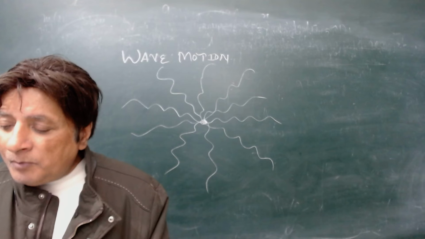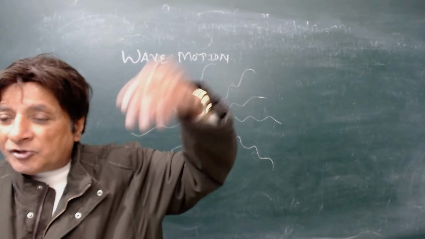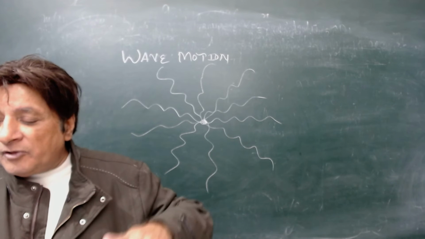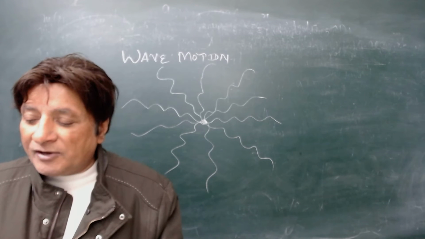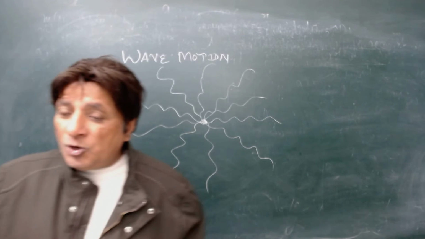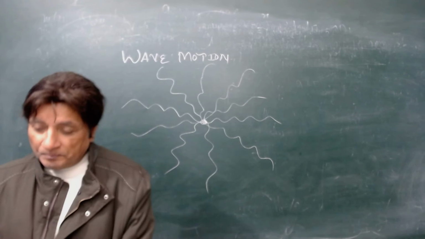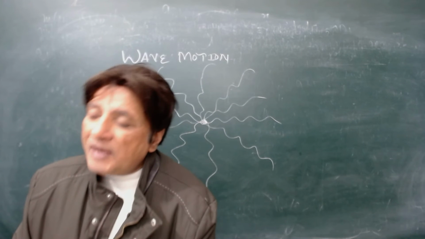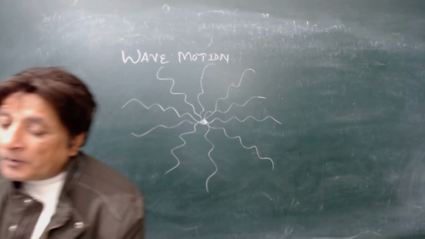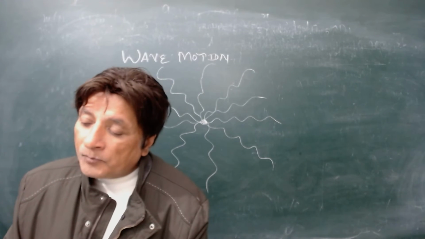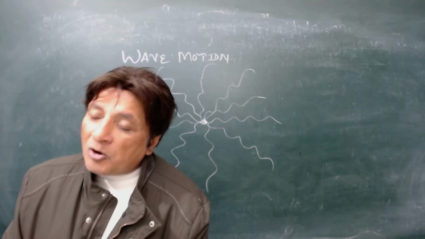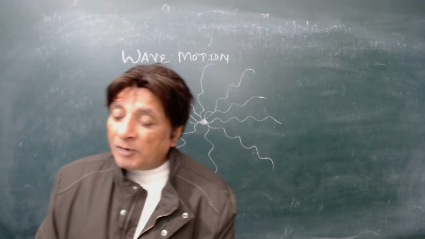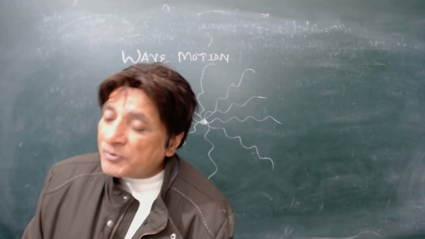If small pieces of paper are now thrown on the surface of the water, it is found that they do not travel with the wave from the place where the stone strikes, but only execute up and down motion. It shows that the waves are formed due to the repeated periodic motion of the water molecules, but the water molecules do not move themselves along the wave.